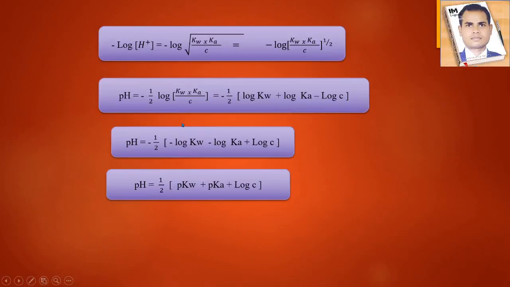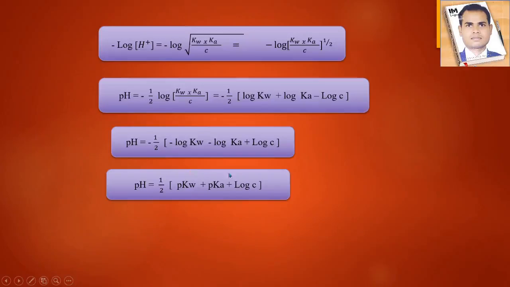After that you will get pH equals minus 1 by 2 (minus log Kw minus log Ka plus log C), and finally pH equals 1 by 2 (pKw plus pKa plus log C).